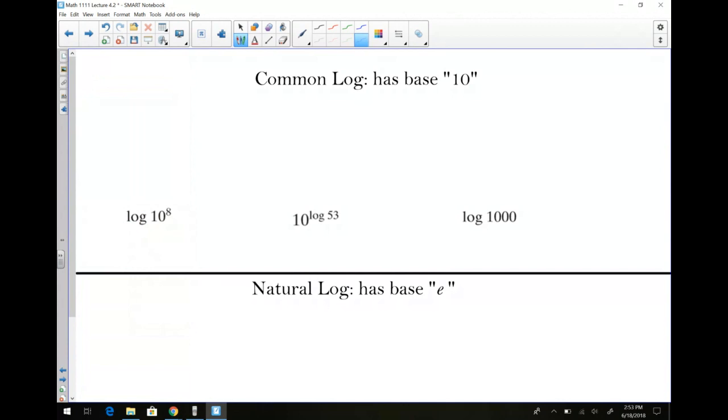So let's talk about how this really looks. A common log looks like this, and it looks like the base is completely gone. Remember at the beginning of the semester when we were discussing all the implied things around a number?